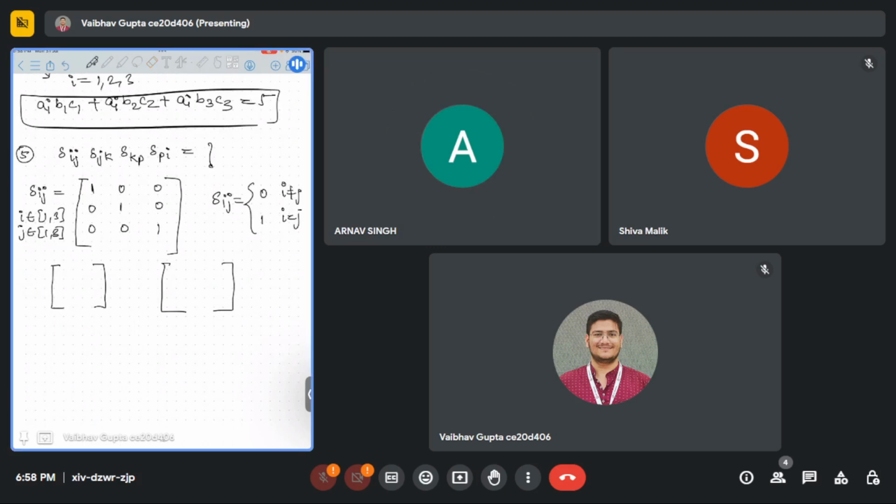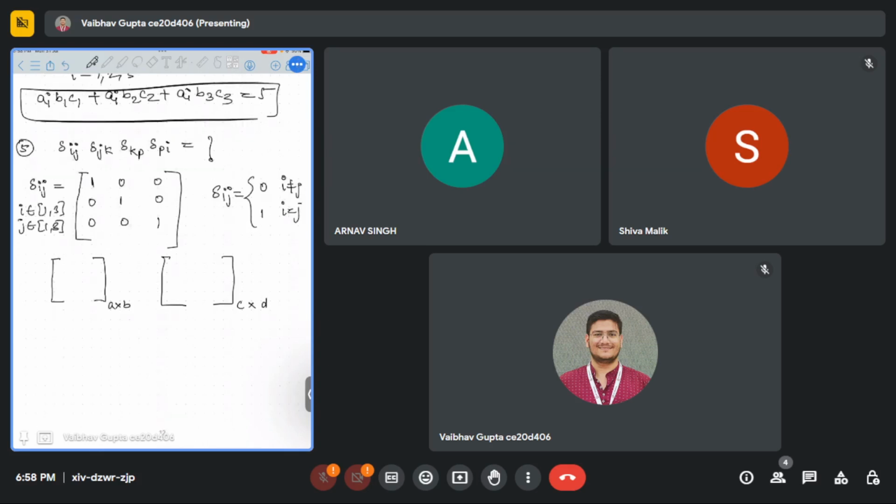See, this is one matrix which I'll say AB, and this I will say CD. This matrix is of size A cross B, having A rows and B columns, and the second matrix has C rows and D columns. If you want to multiply these two matrices, what should be the case? B should always be equal to C, then only you can do matrix multiplication.